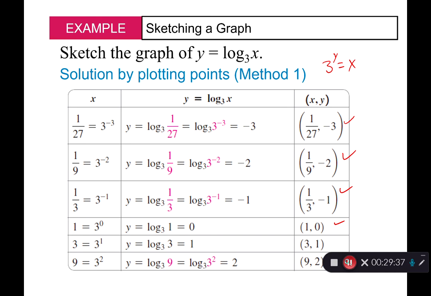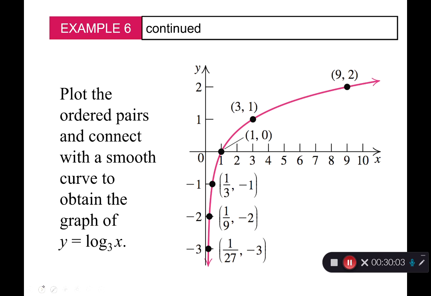Okay, so you're looking at these points saying, how in the world am I supposed to know where 1/27, 1/9, and 1/3 are? Really, you're not supposed to, especially when you're hand drawing your graph. The best you can do is estimate. As long as you understand that 1/27th is a smaller number than 1/9 and should be closer to 0, and 1/9 is smaller than 1/3, you should have gotten a graph that looks something like this.